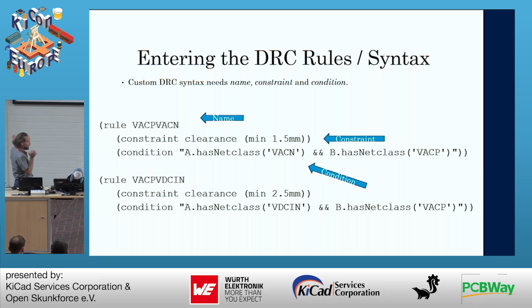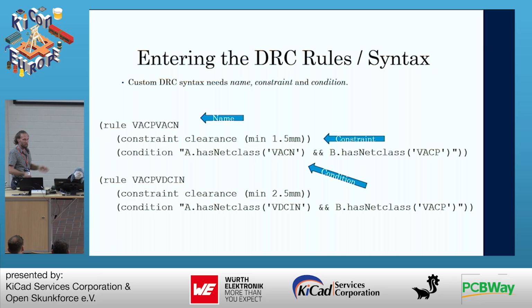So you have a condition that has to be met. And since we're doing net class to net class constraints, the condition is one element is having a net class, and that's the name of the net class that you just created. And the second element, this is B, has a net class, and this is another net class that we just created. Remember, we created 6 net classes.